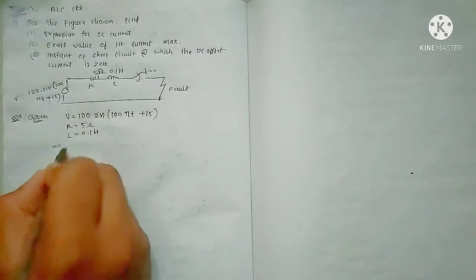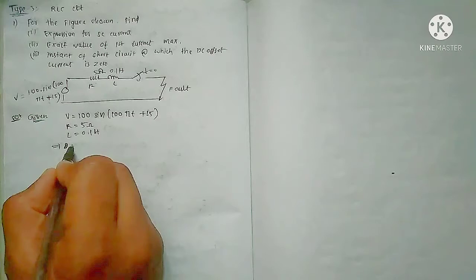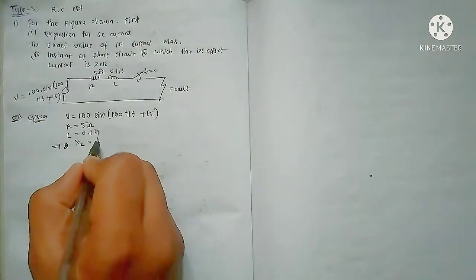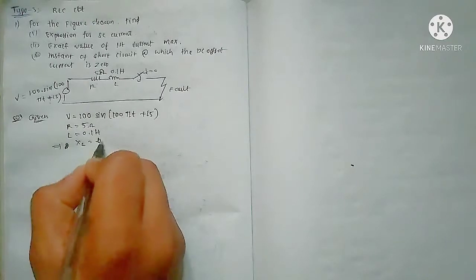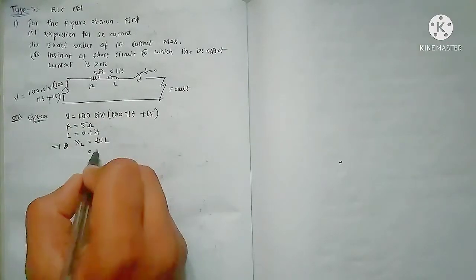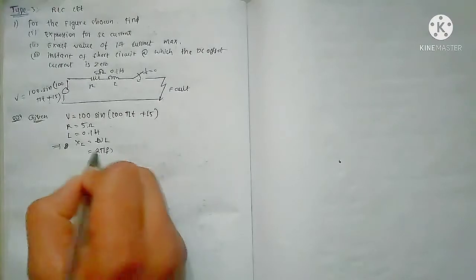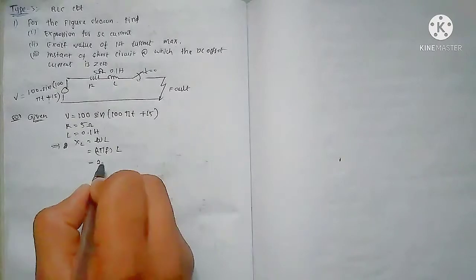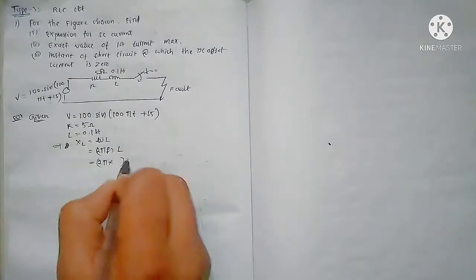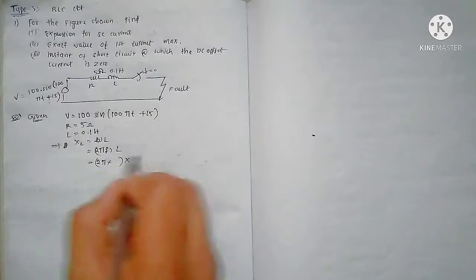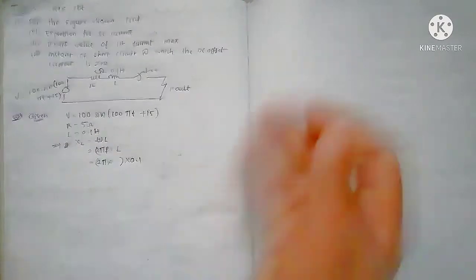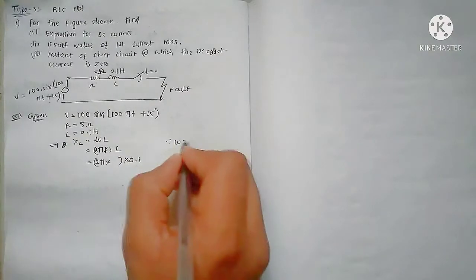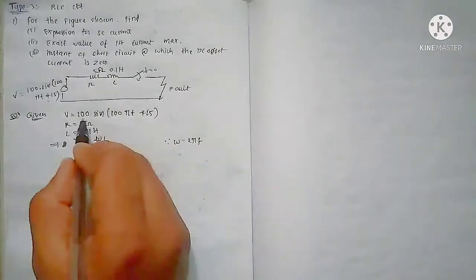From this we know that XL is equal to omega into L, where omega is 2 pi f. Since frequency we don't know, we know the L value, that is 0.1 Henry.